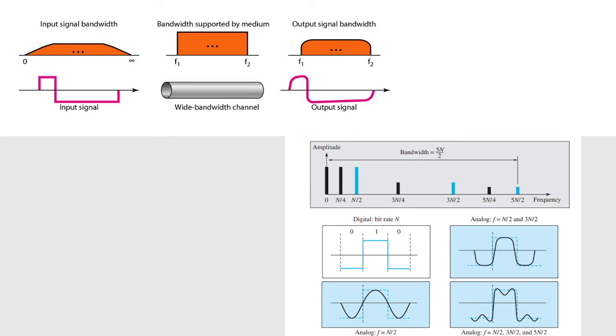So we need to take a part from the input signal and transmit it through the channel, and again at the receiver side we collect all those harmonics and get the output signal.